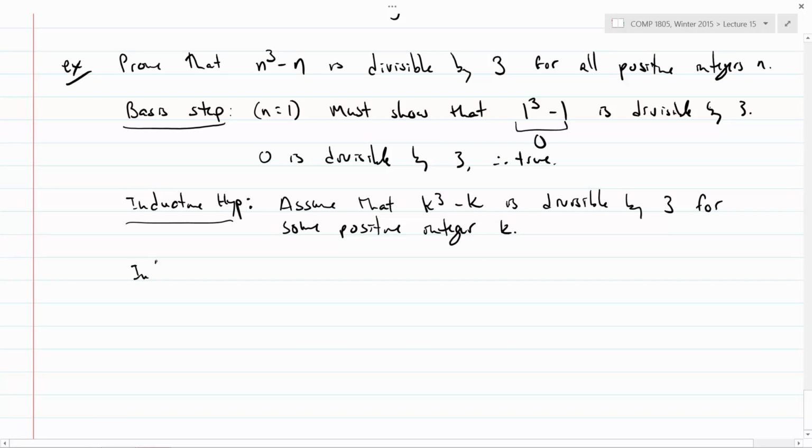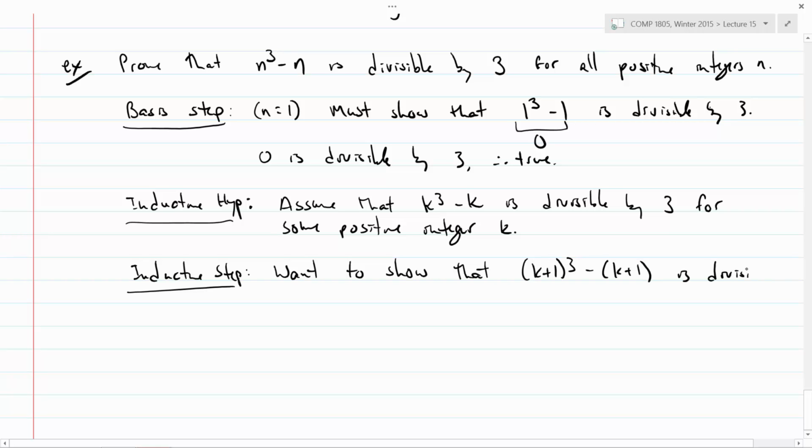In my inductive step, I want to show that what? That (k+1) cubed minus (k+1) is divisible by 3. Here's a common mistake: forgetting those second parentheses.